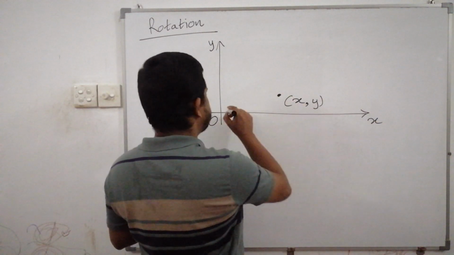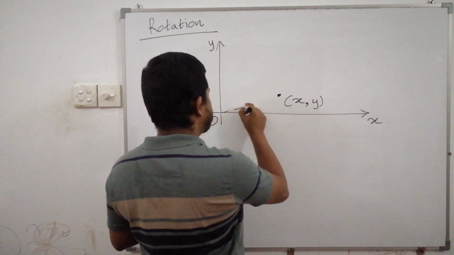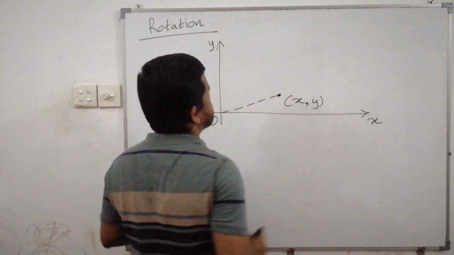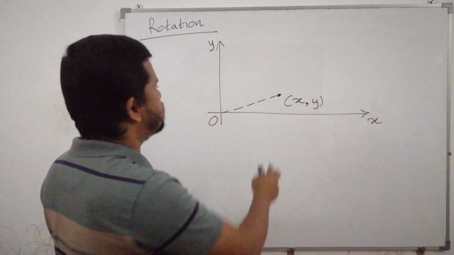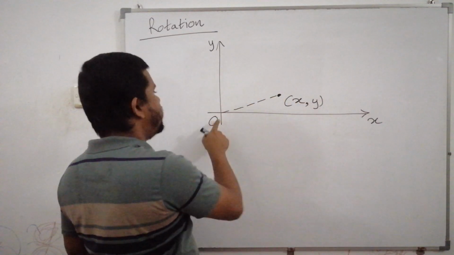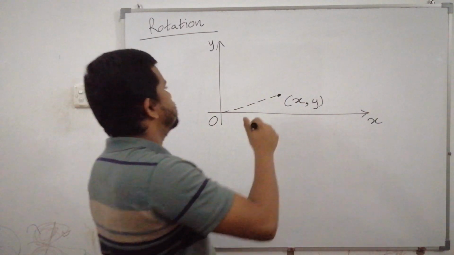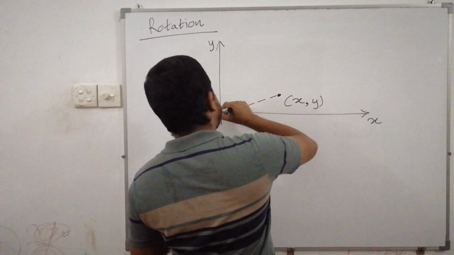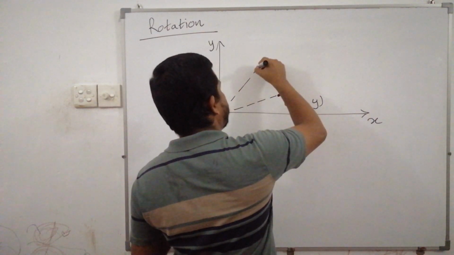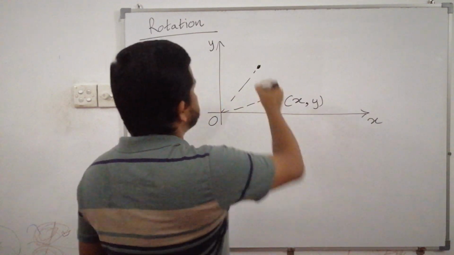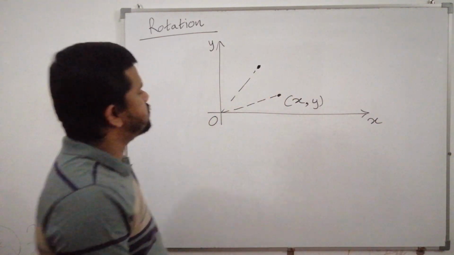So this point is rotated around the origin by an angle of theta, and it reaches this position.